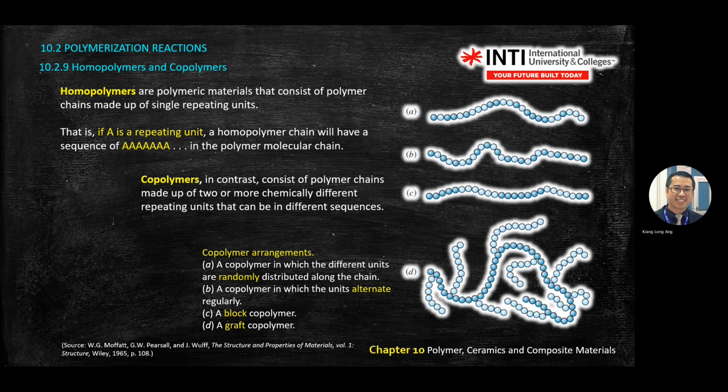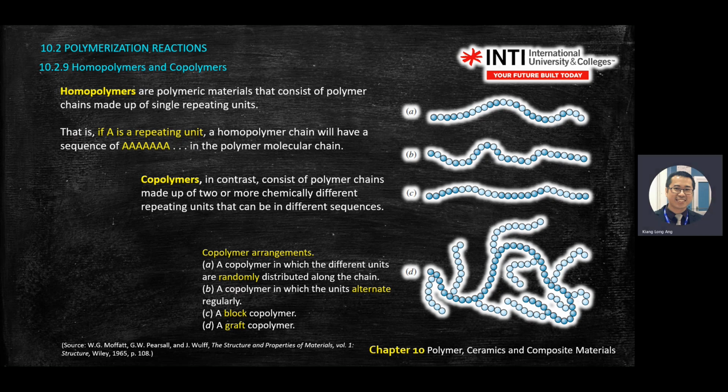Okay. So for this kind of slide, what can come out in the assessment is that we will ask you to define and explain what is homopolymer and copolymer. If this kind of question comes out, normally it will be 1 mark with the diagram.